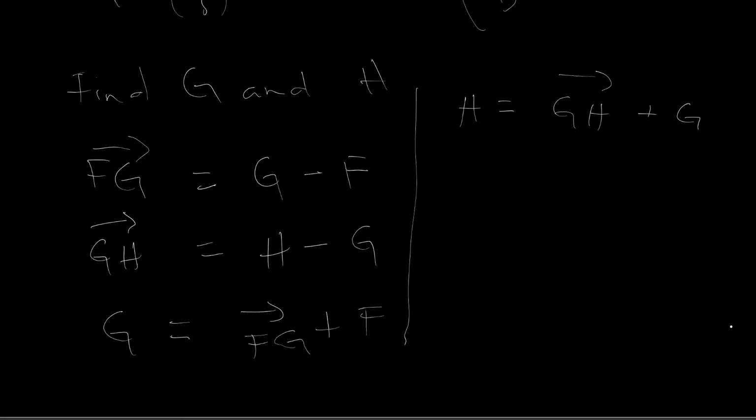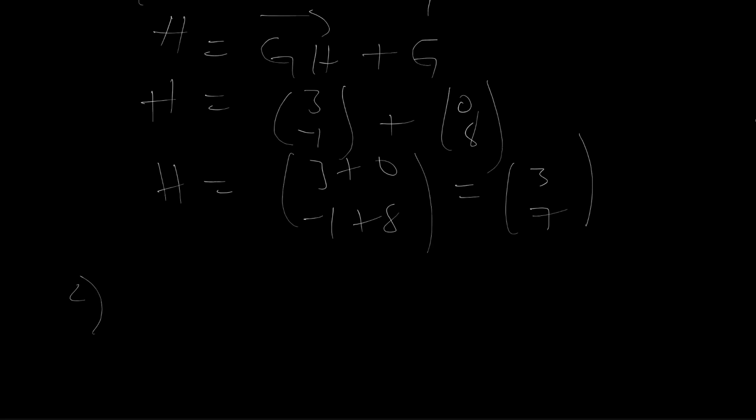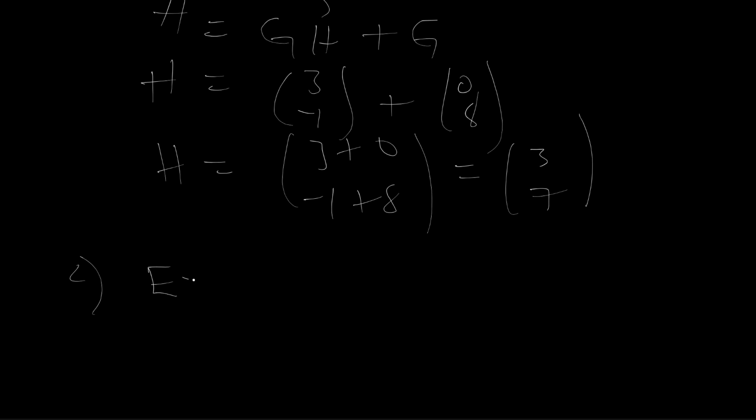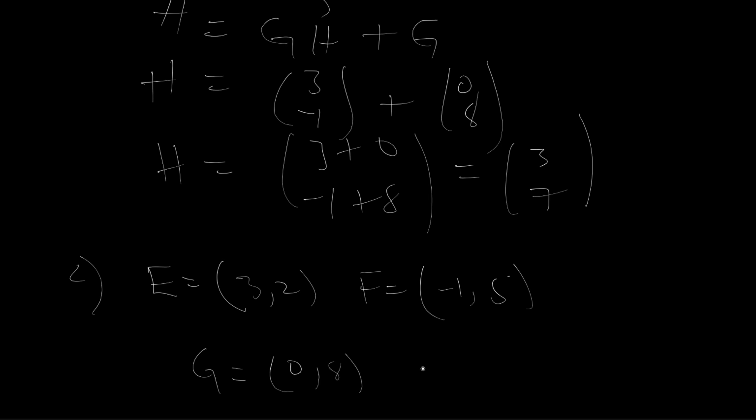So our E is (3, 2). Our F is (-1, 5). Our G is (0, 8). And our H is (3, 7).